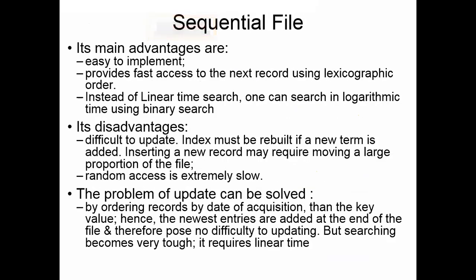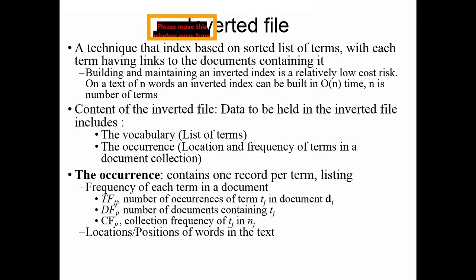But as a first step, we appreciate, based on the weakness of sequential file, challenges of sequential file during indexing and searching, many other indexing mechanisms are recommended by scholars. One of the well-known ones is inverted file.